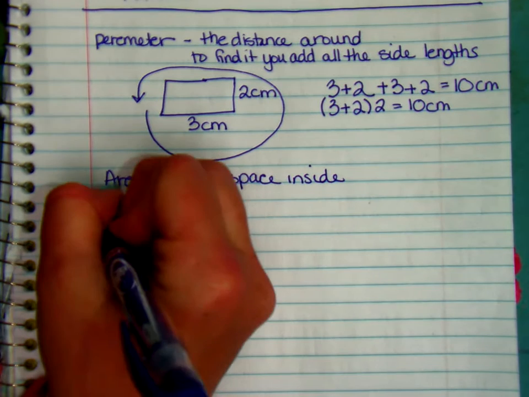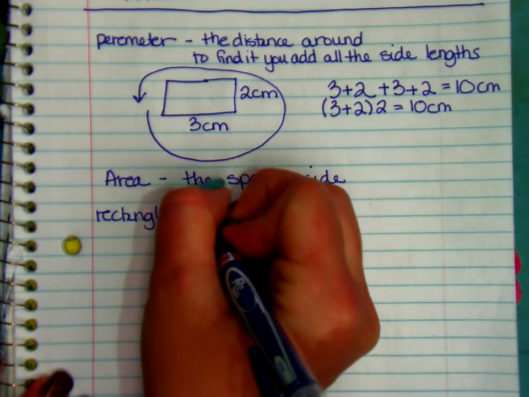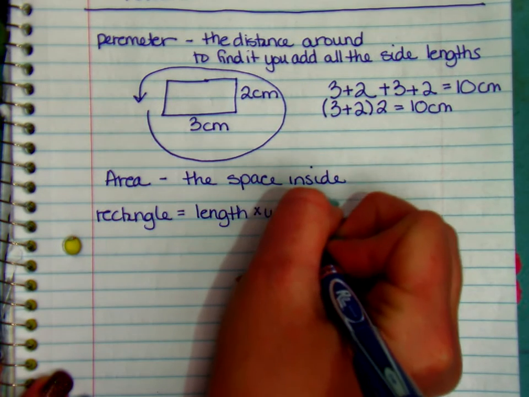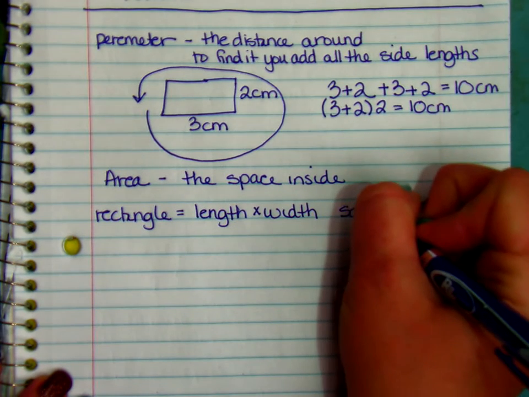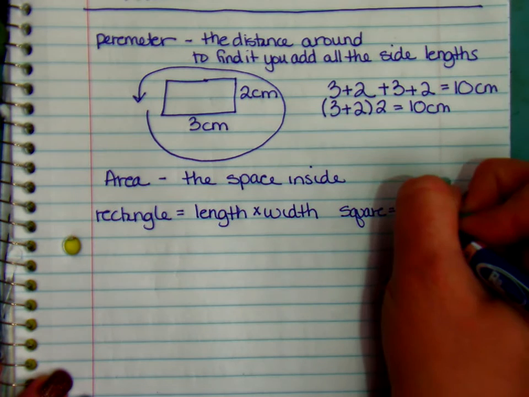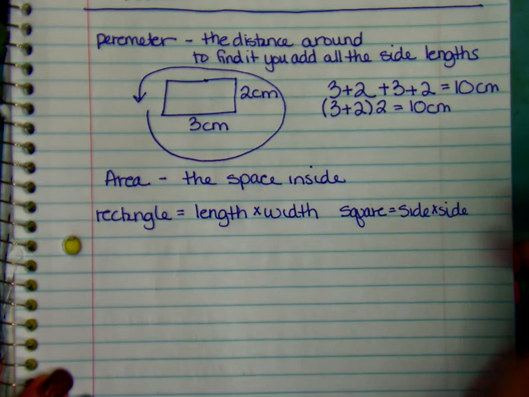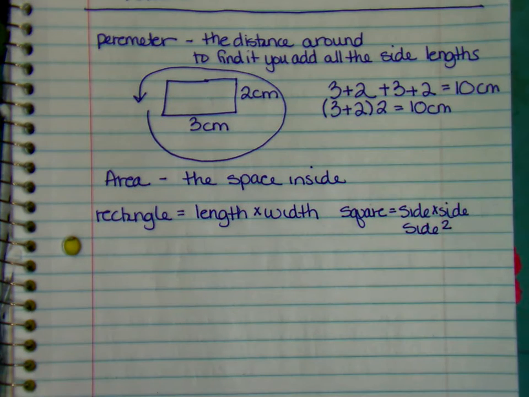So for a rectangle, we would do length times width. For a square, we would have side times side, or we could also do side squared because it means the same thing.